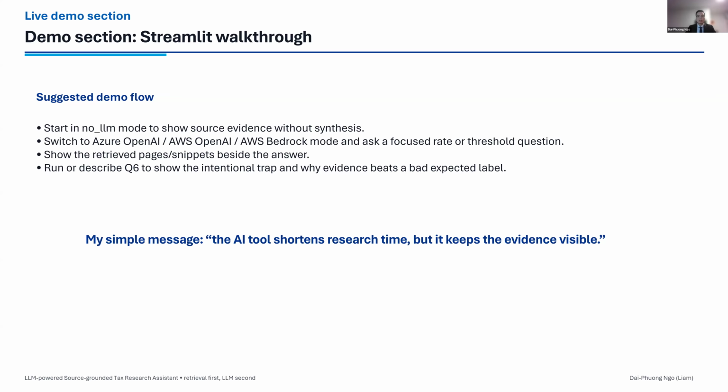I would mention question 6 as a trap question. The expected answer is intentionally wrong, and the model passes when it follows the source evidence instead of the bad label. The key demo message is that this is not a black box chatbot. It is a source-grounded research assistant.